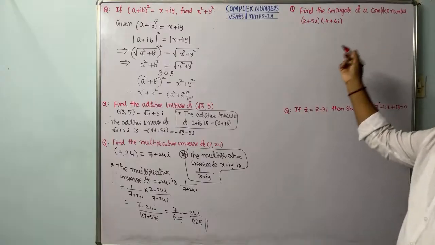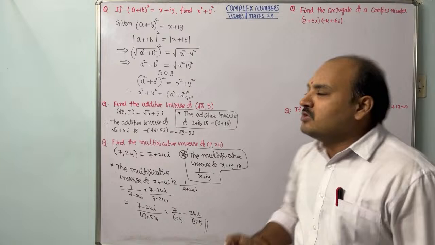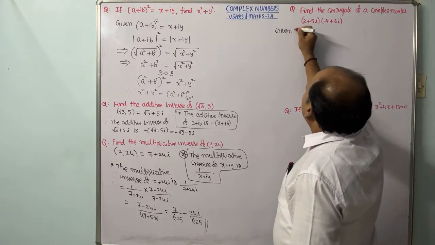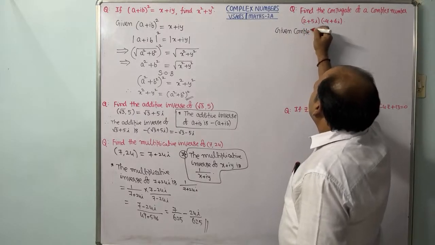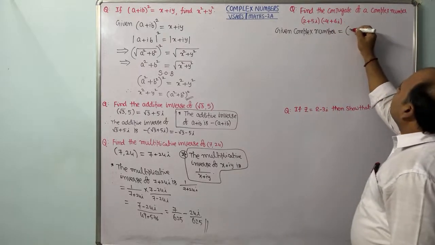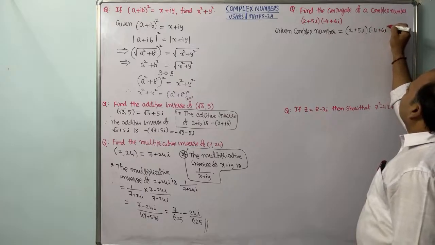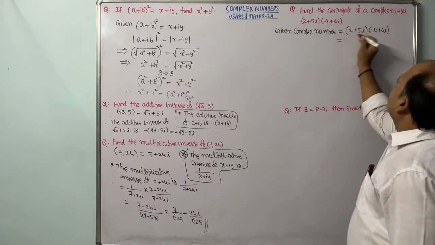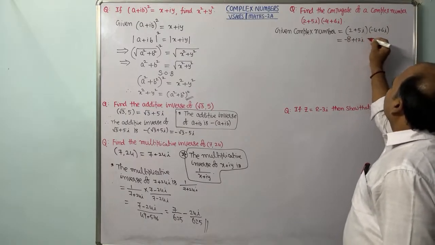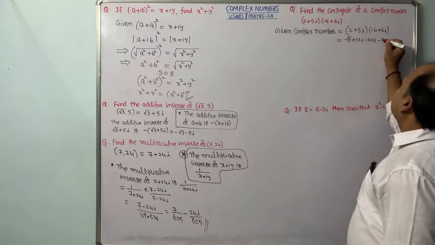Find the conjugate of a complex number. First, the given complex number we have to simplify and then find the conjugate. So first, the given complex number is (2 plus 5i) into (minus 4 plus 6i). So we need to multiply. 2 into minus 4 is minus 8, plus 12i, minus 20i, 30 into i square, so minus 30.